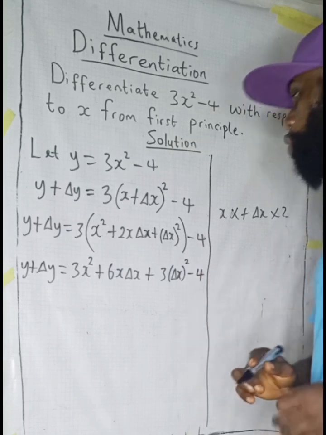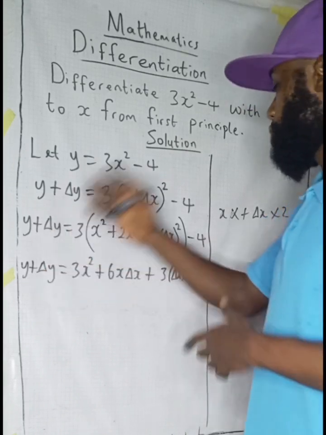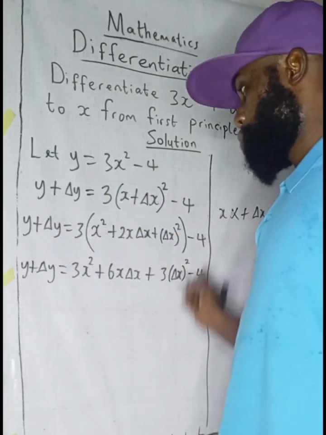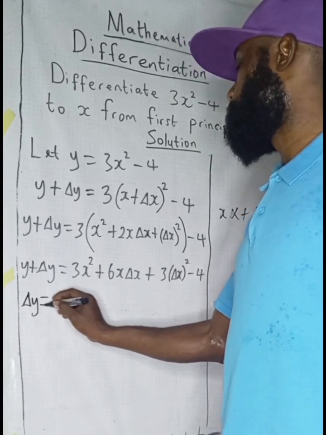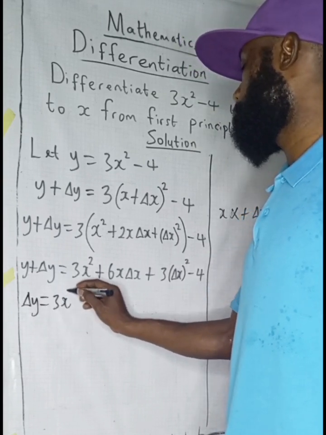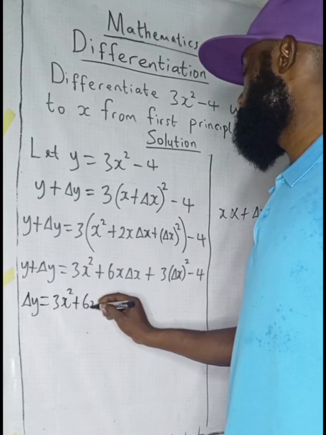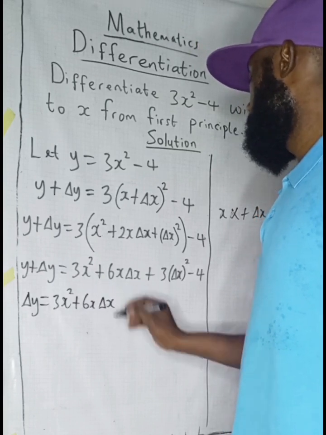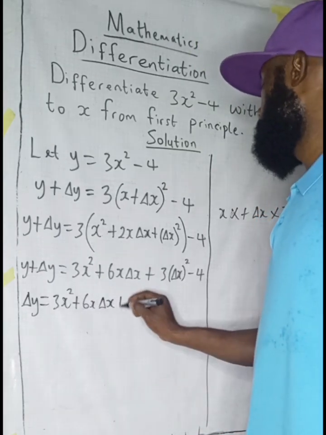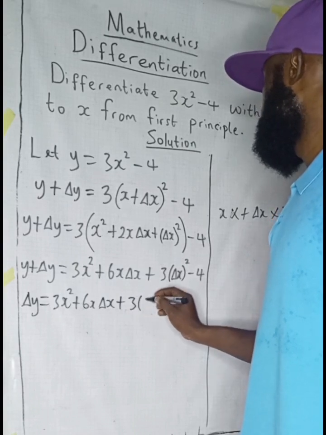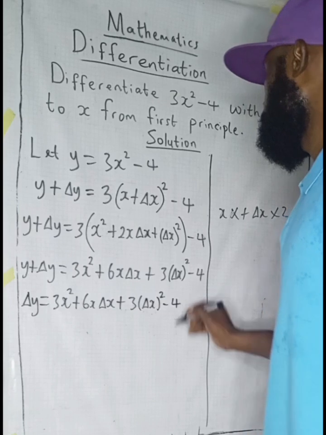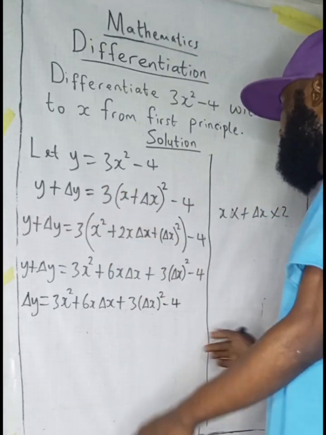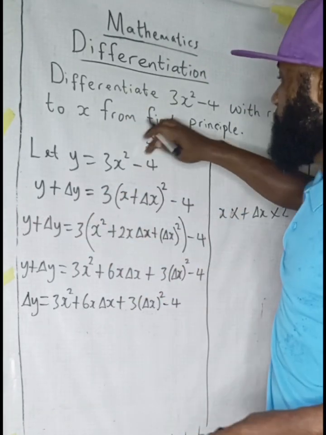minus 4. So we're going to take y over to the right hand side, leaving us here with just change in y being equal to 3x squared plus 6x change in x, right? Plus 3 change in x squared minus 4 minus y. But y is what? 3x squared minus 4.